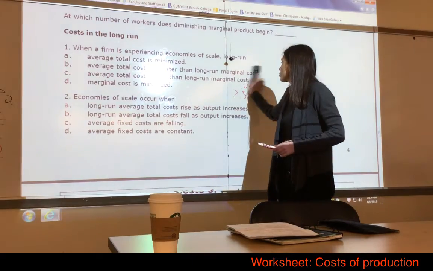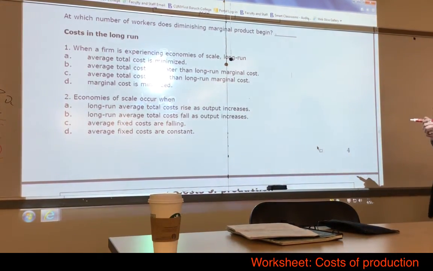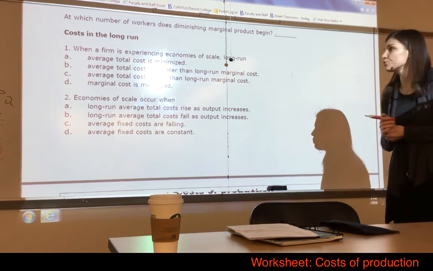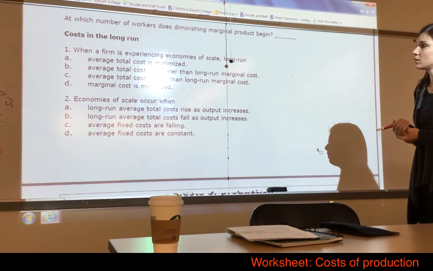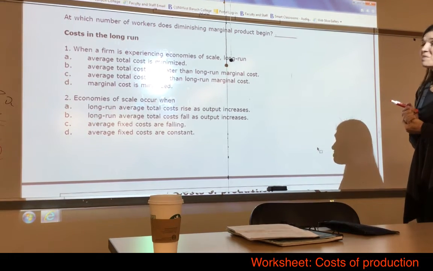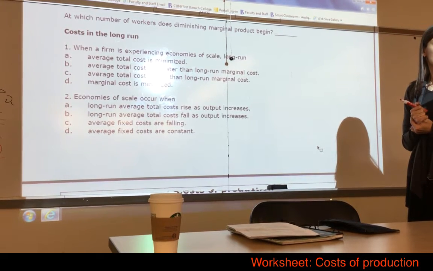So we talk about costs in the long run now. If a firm is experiencing economies of scale, then what is true about long run costs? Is average total cost minimized when it's economies of scale? What was the long run?